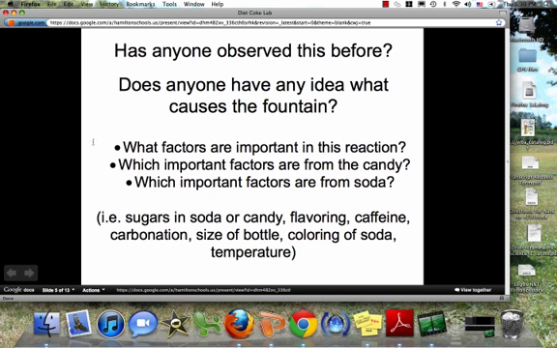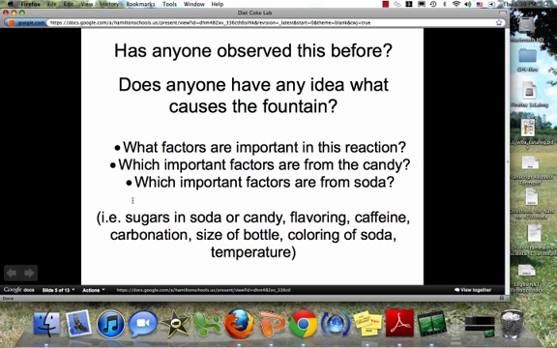On this page here, for those first 3 questions, we are asking, does anyone have any idea what causes the fountain? Things to consider to answer that would be what factors are important in this reaction, which important factors are from the candy, and which important factors are from the soda.